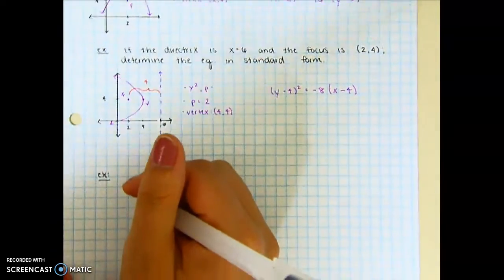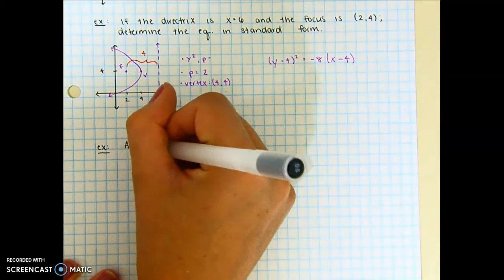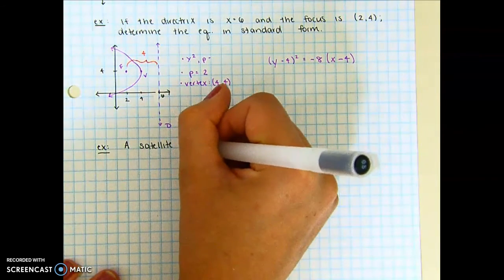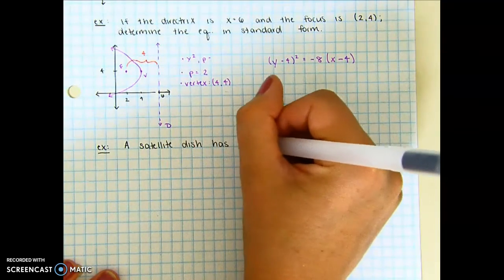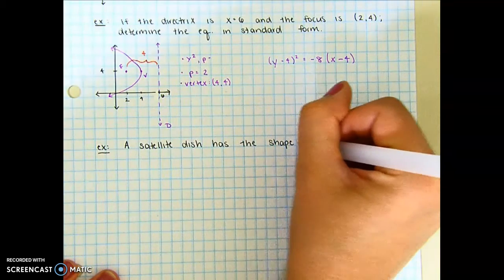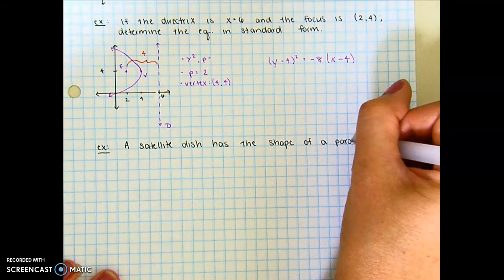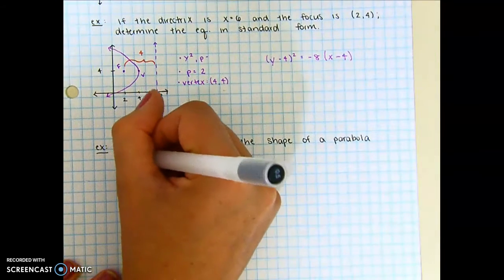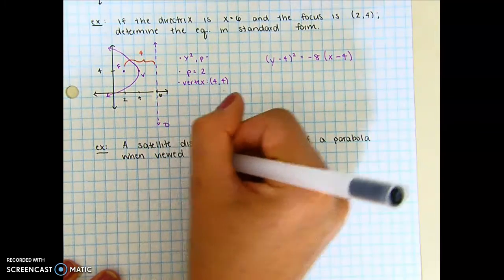So a satellite dish has the shape of a parabola when viewed from the side.